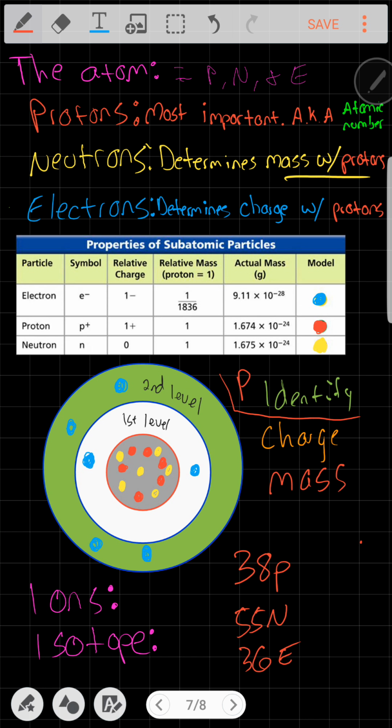And I want to know specifically the identity. Well, which one do I care about? I only care about the proton number. And so the identity of that is going to be strontium, because I look at my periodic table of elements and I go, oh, strontium is 38 protons, so it's going to be strontium, Sr. I got my identity, check.